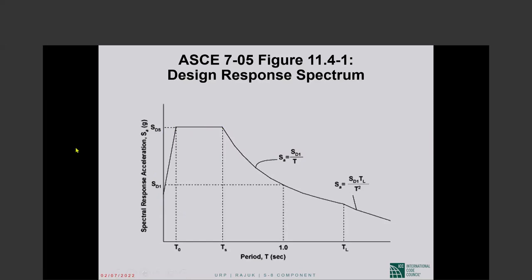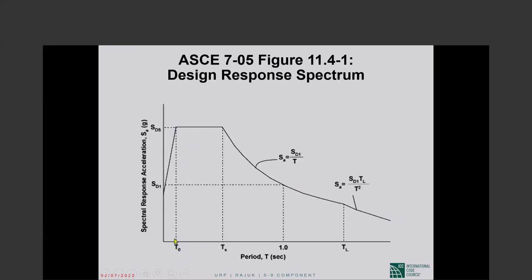Anyway, next week we will discuss that this is the constant acceleration part of the spectrum. This is the constant velocity part of the spectrum. This is the constant displacement part of the spectrum, but that's kind of irrelevant now for our purpose.